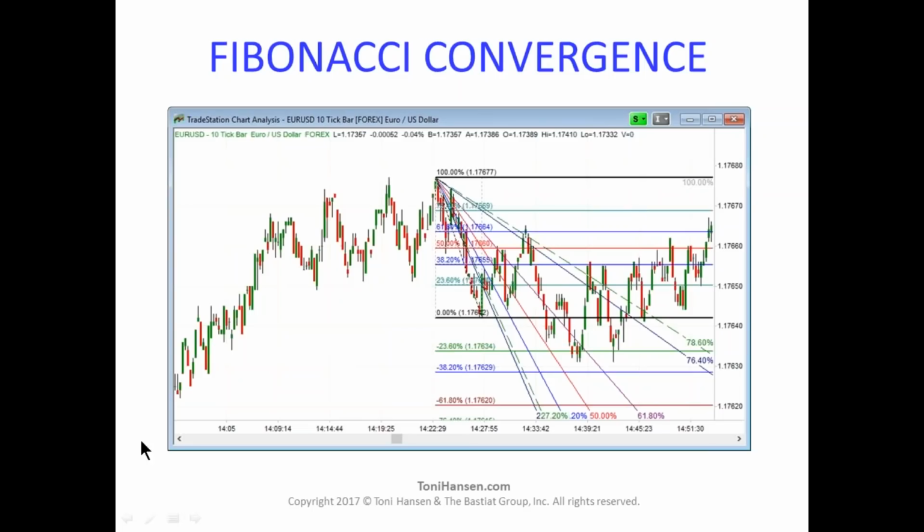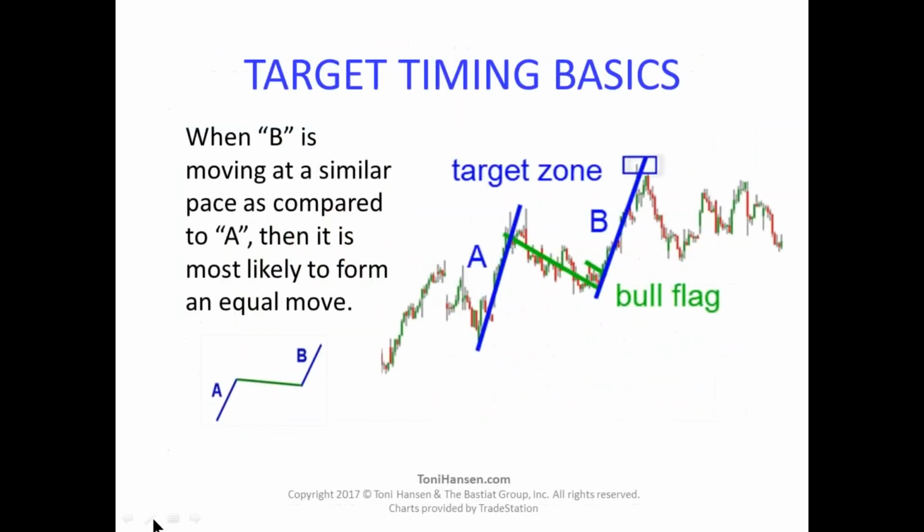So obviously, when we look at Fibonacci, we can also use it for timing targets. I mentioned a little bit earlier a tool called a Fibonacci extension tool, and we're going to get into that here.